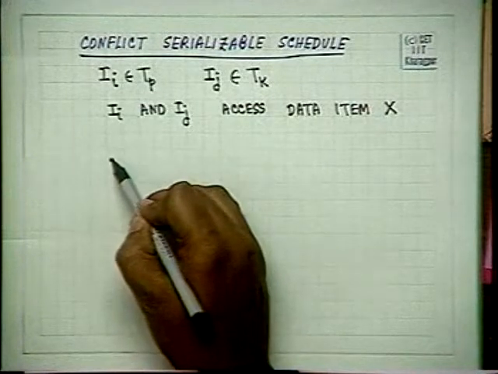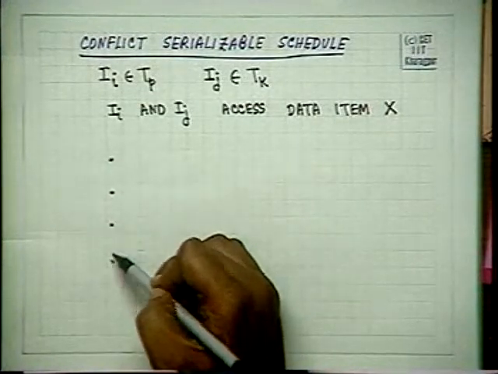Now, if they access the same data item, what are the four possibilities?